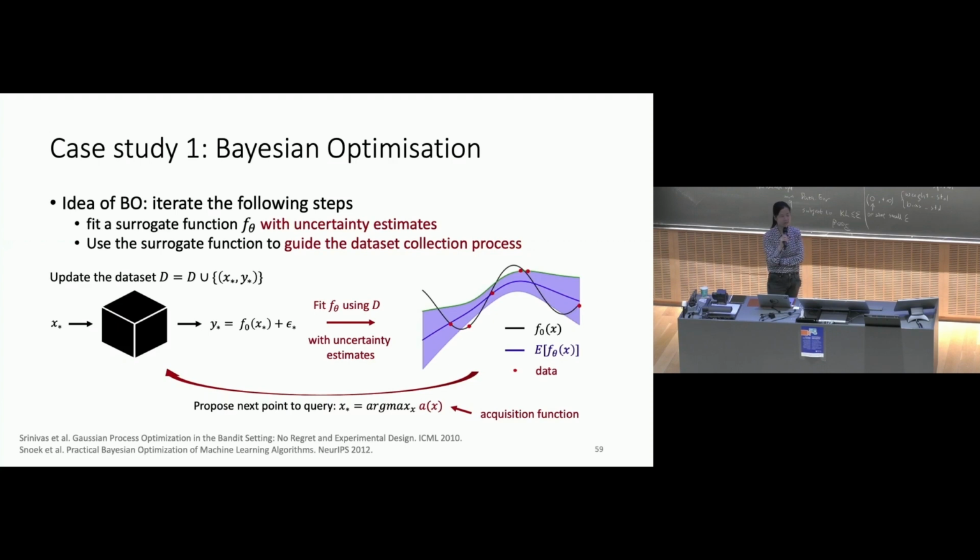Imagine that your black box is going to be some sort of, say, chemistry experiment, biology experiment, or in the machine learning context, let's say your X is the hyperparameters of your neural network, let's say number of layers, or the hidden layer size, or some, say, learning rate, this kind of thing, right?